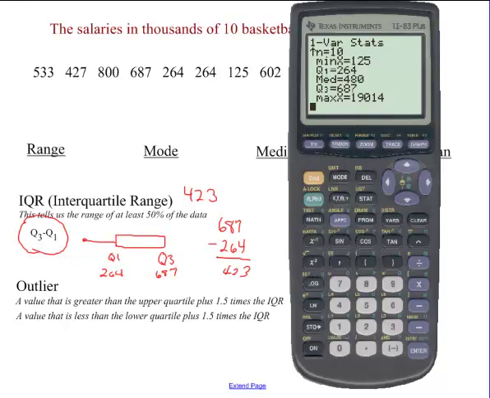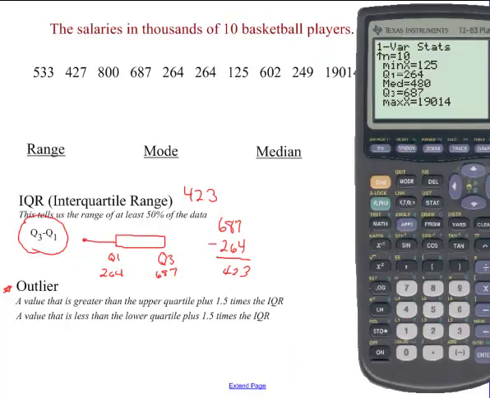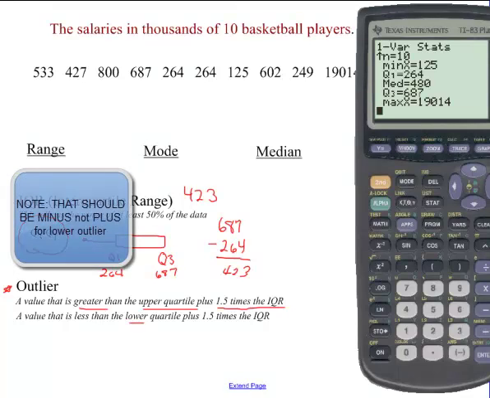Now, where does that become important? It becomes important down here when we look for outliers. An outlier is a value that's greater than the upper quartile plus 1.5 times the IQR. A value that's an outlier on the other end is less than the lower quartile minus 1.5 times the IQR.